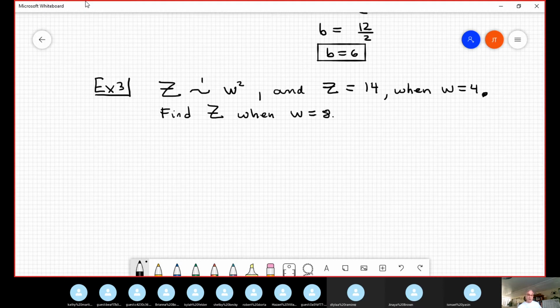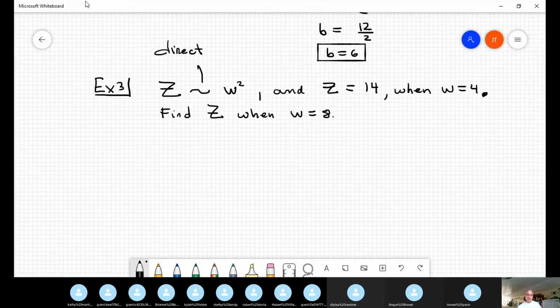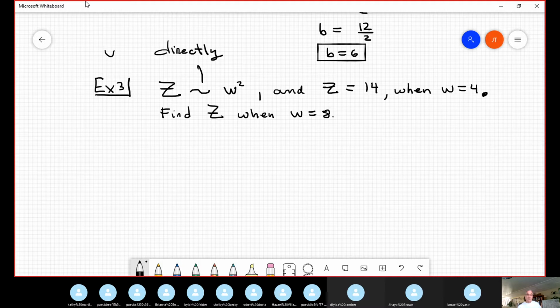This symbol indicates direct variation. So capital Z is a constant times W squared. And the condition that is given, capital Z is 14. The constant, I have no idea. I need to find the intermediate value.